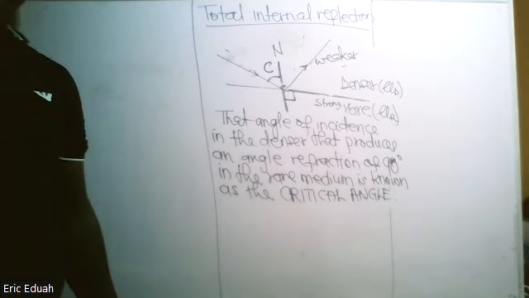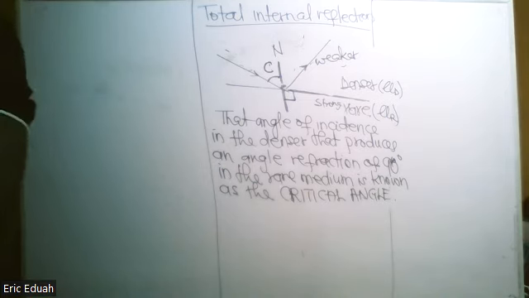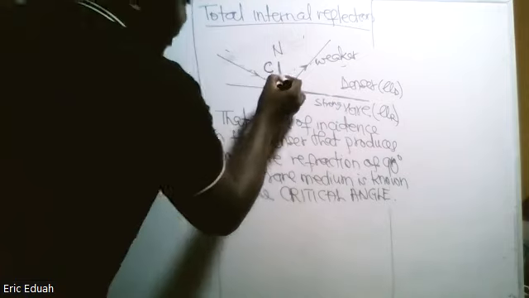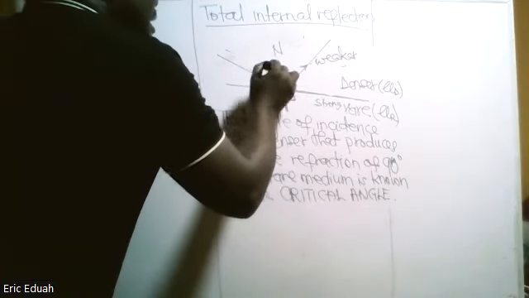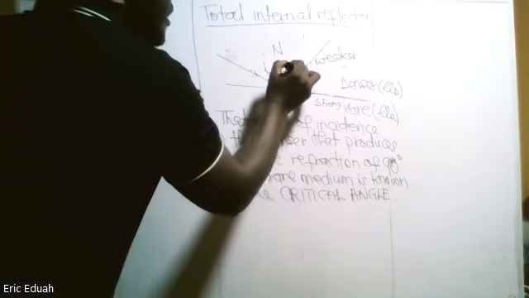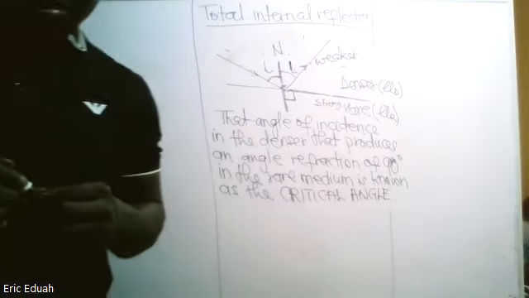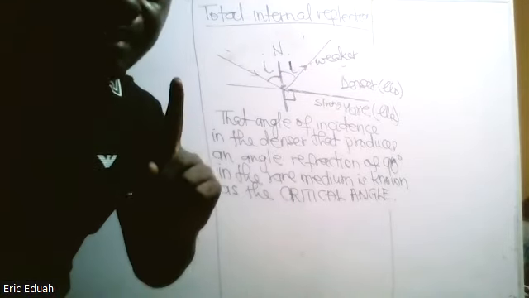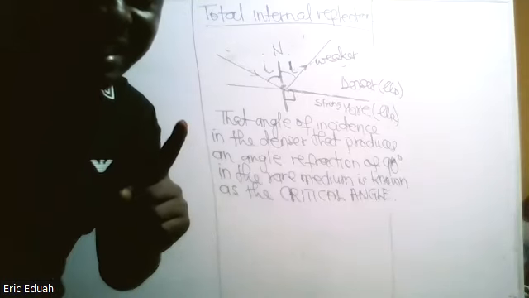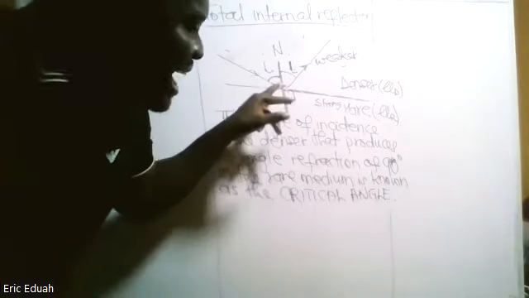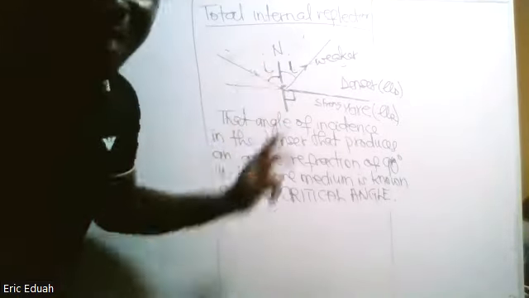So, Mr. Dua, you are saying when the refracted ray is on the boundary, and if there's any little increase of the incident ray, it will reflect completely. Yes. Total internal reflection, where the angle of incidence is equal to the angle of reflection, R equals I. So the requirement for the attainment of total internal reflection is that you have to determine the critical angle of the denser medium.